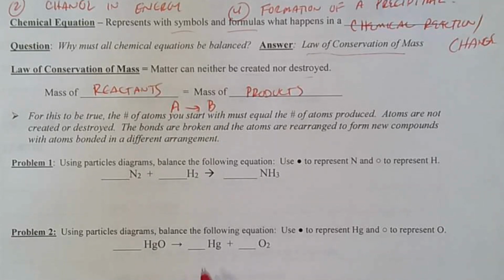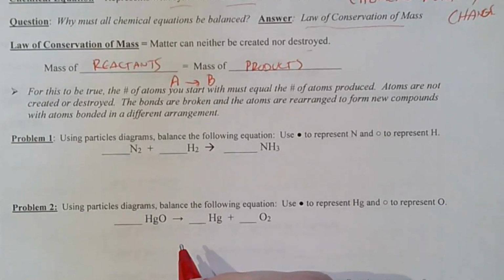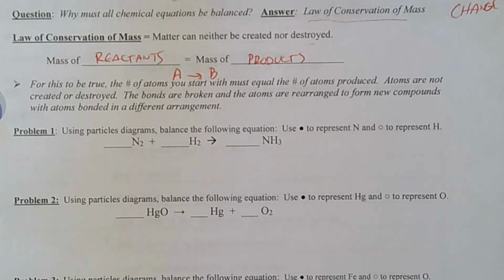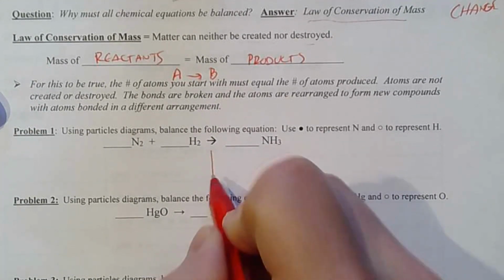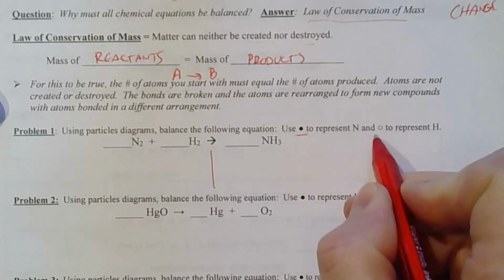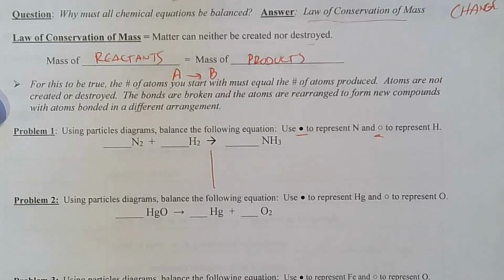This first one would be geared towards more visual learning. If that works better for you, then this definitely can be the method that you use. If not, then you can try the other method that you most likely learned in science class in 8th grade. But anyway, in this first one, we've got N2, and we're going to use a filled-in circle to represent nitrogen and an open circle to represent hydrogen.